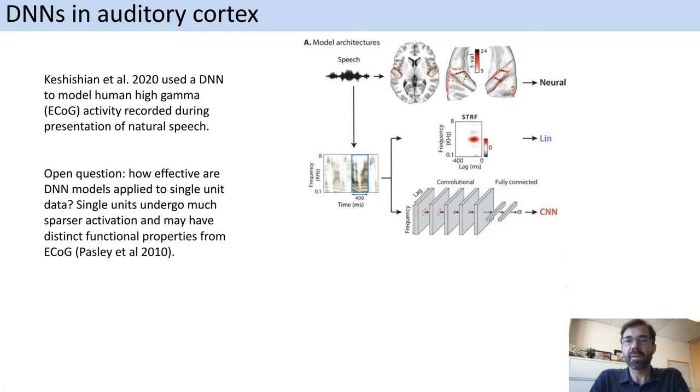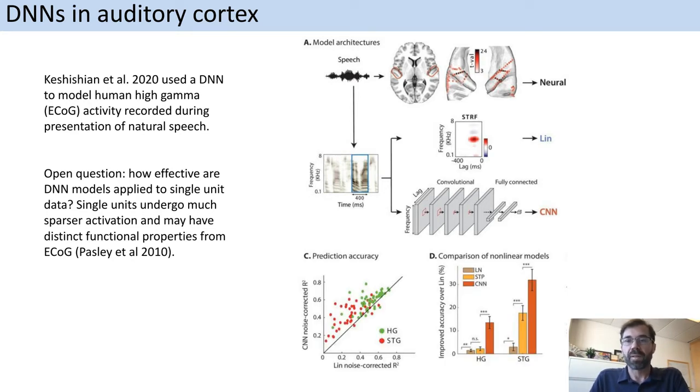And what they found is that when they compared performance to a traditional LN model, as is shown in the scatter plot at the left, the DNN performed consistently better both in primary auditory cortex, which is Heschl's gyrus or HG, as well as in superior temporal gyrus, which is a tertiary or higher order representation in human auditory cortex. And so the question we had today was, can we use the same modeling approach to understand the activity of single units in the auditory cortex of animals in a similar experimental condition?